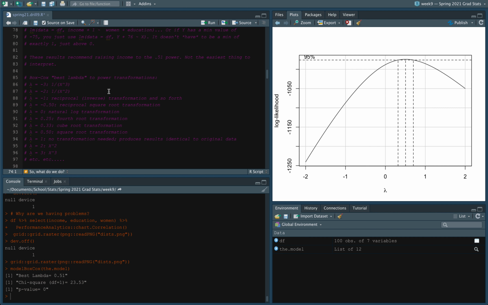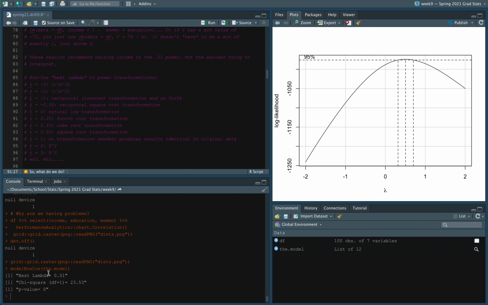Using the Box-Cox best lambda power transformation, and this relates to Tukey's ladder of powers, if your best lambda is 0.5, for instance, then a square root transformation is what will be the most normal. And if you raised it to the power of 0.33, that would be the cube root, x to the power of 1/3, et cetera, et cetera.